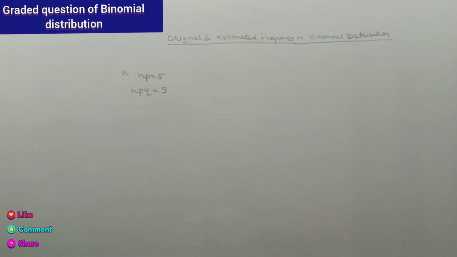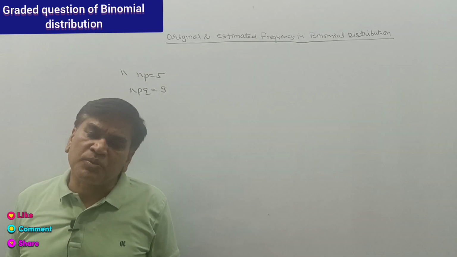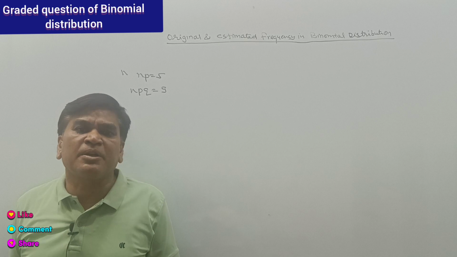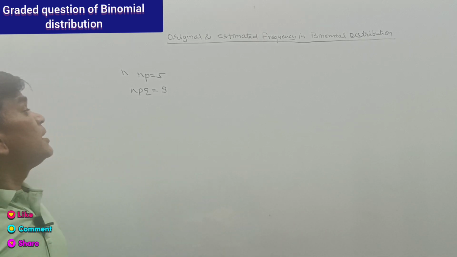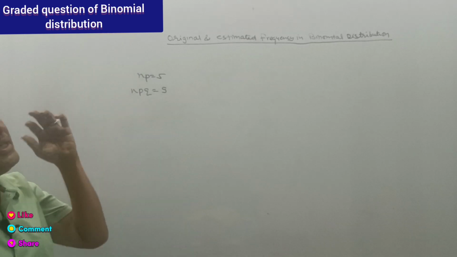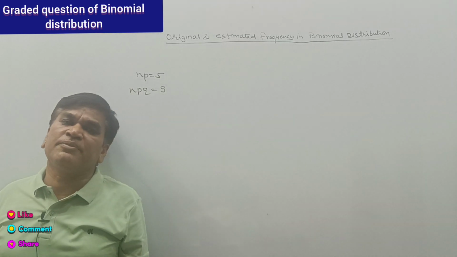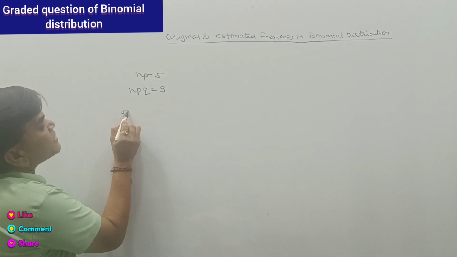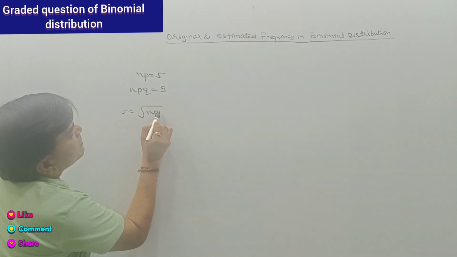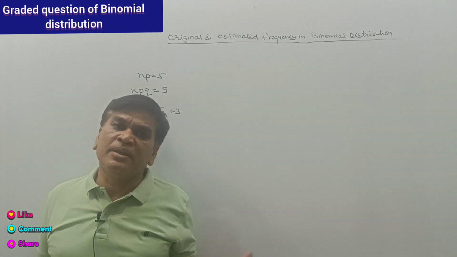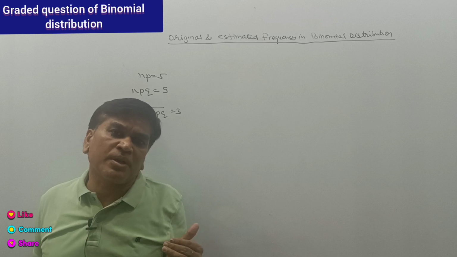I have seen this question twice in the examination, so that's why I am taking it in this video. The standard deviation calculated by him is 3. Comment on whether he is right or not.